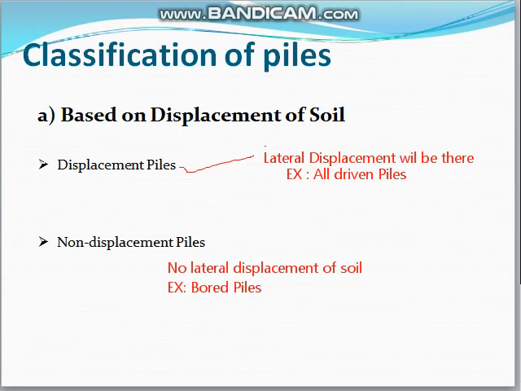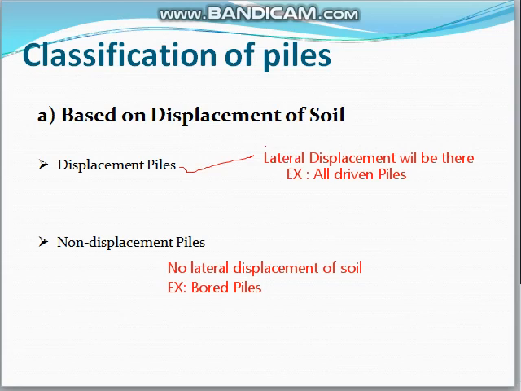So understanding here, based on displacement of soil, there are two types of piles. One is displacement piles, another one is non-displacement piles. Displacement piles are piles which cause lateral displacement of soil when installed.